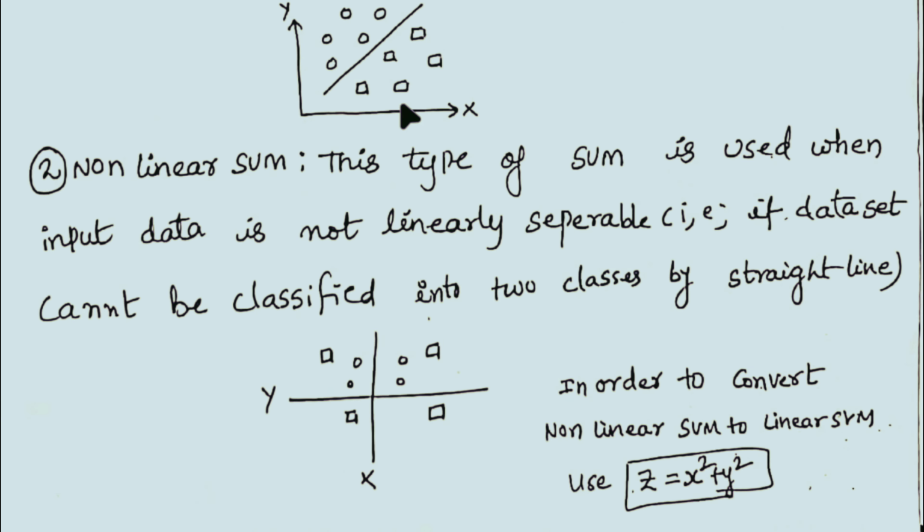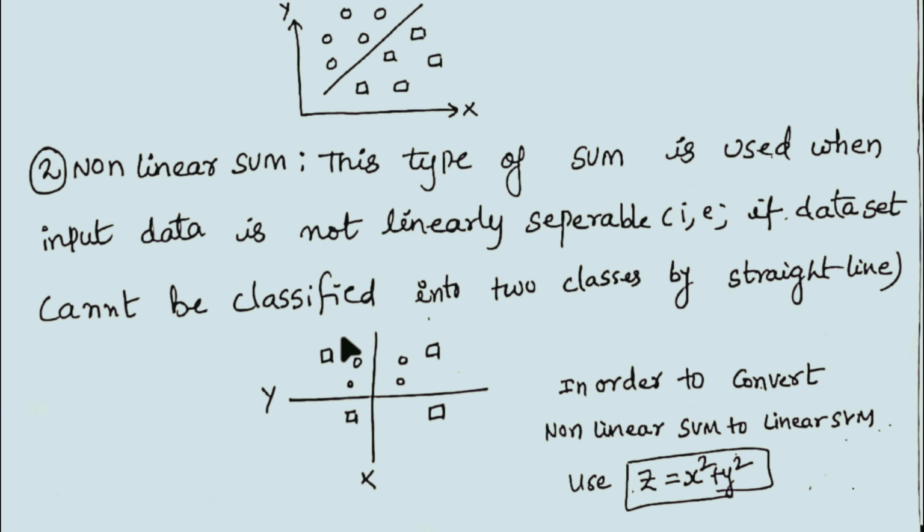Okay, so when you observe linear, there is a line between the two things. But if you see here, there are two different types, but they are not in one place. You observe here, here we have squares, here we have squares, here we have circles, here we have circles.